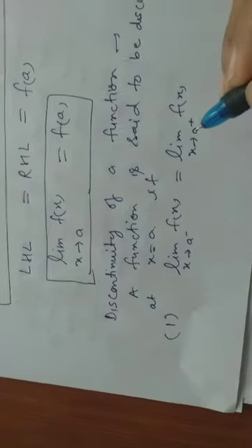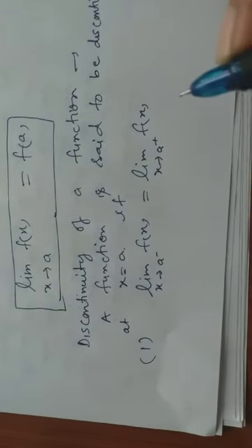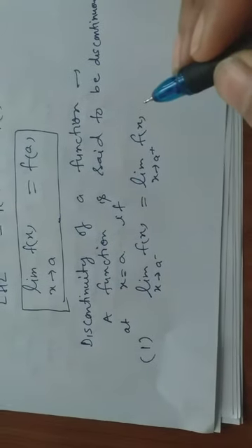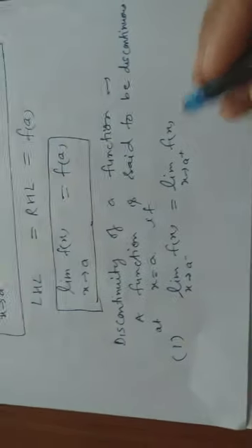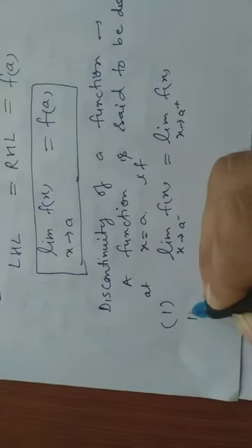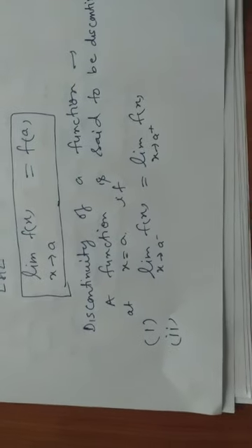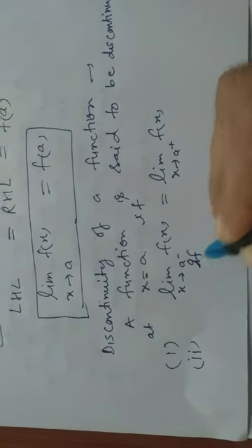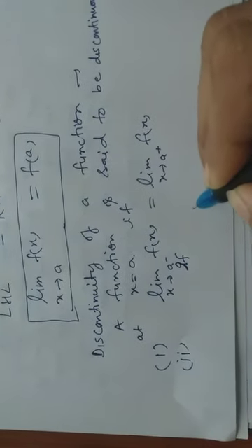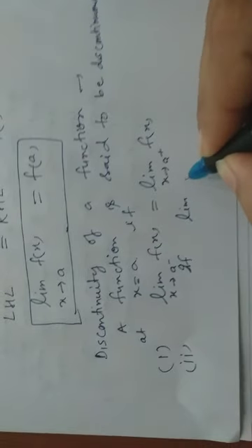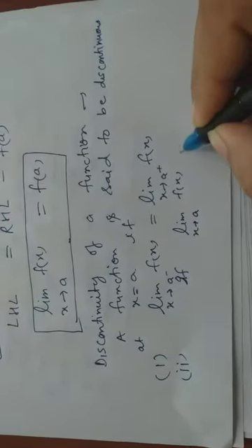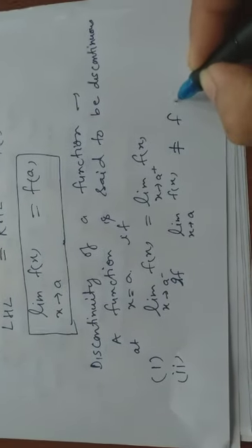That is, if the limit of the function does not exist at x = a. Second, if the limit of f(x) as x tends to a is not equal to f(a).